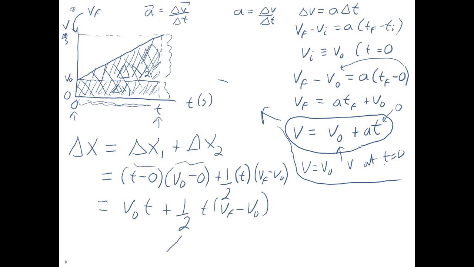So I can write that delta x, again, just to repeat what I have, is v naught t plus 1/2 v final minus v initial times time. Let me just verify that I wrote that right. Yes, I put the time in a different spot, but it's the same thing.